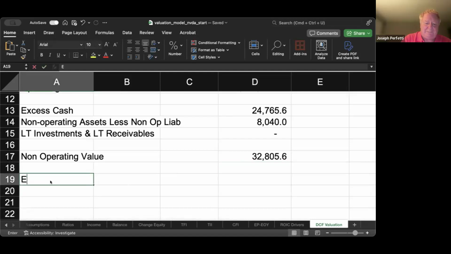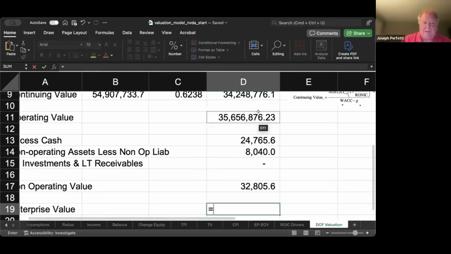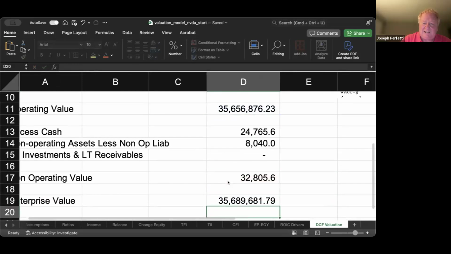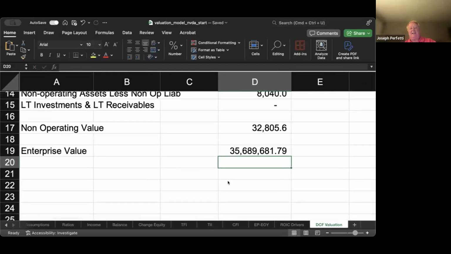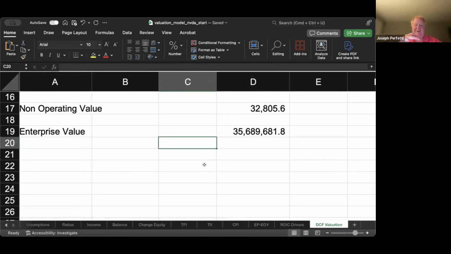Enterprise value is the operating value, which is D11, plus the non-operating value, which is D17, 35,689,681.79. Decimal place. It is this enterprise value which we distribute to the debt and equity holders.